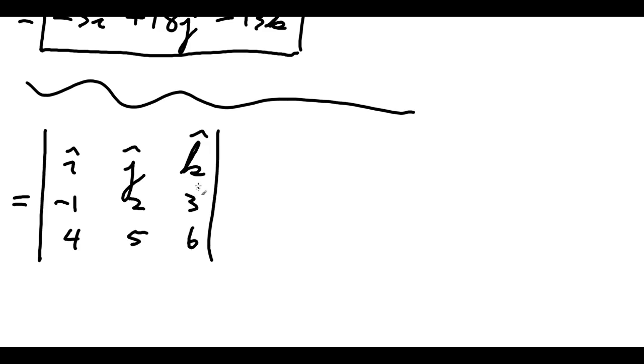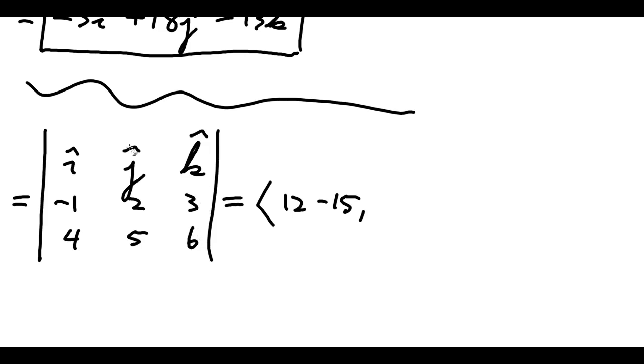But when looking at something like this, again, I've been doing these a long time, so what I would probably do is I would often say, okay, we want our i component. We get the i by looking at this. So we have 2 times 6 is 12, minus 3 times 5 is 15. j, and this is sort of using something like the Rule of Sarrus or something like a reversed version.